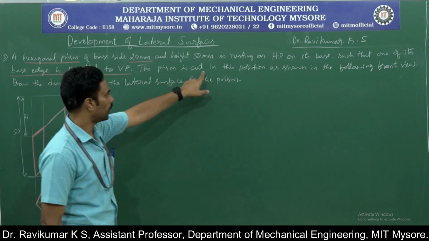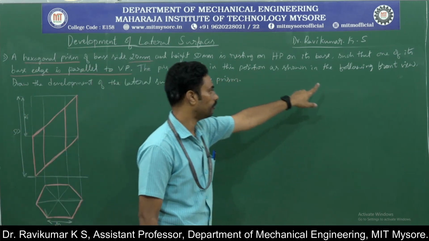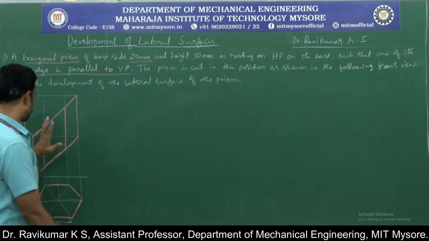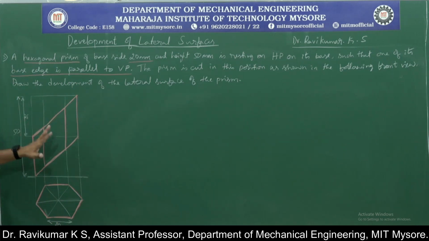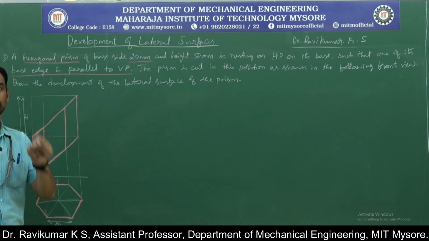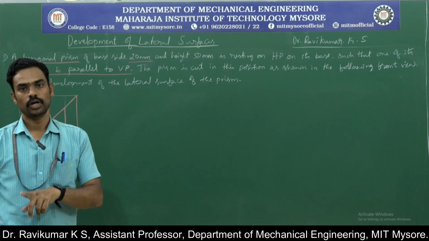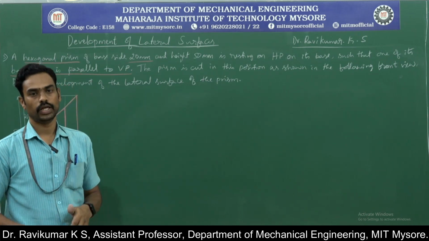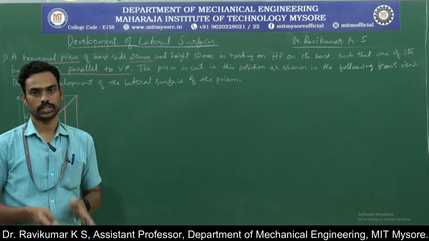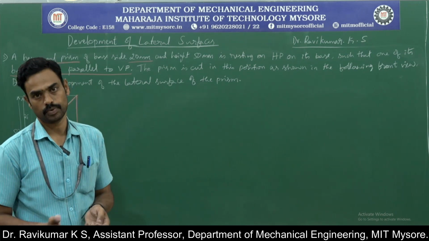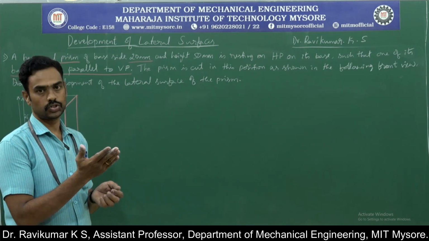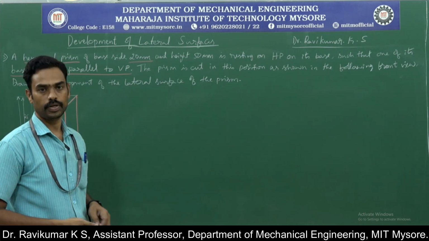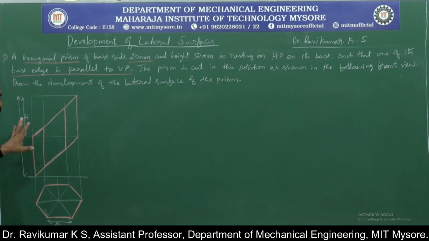Now the prism is cut in this position as shown in the following front view. This is the front view. So here, instead of giving the information about the section plane, as in the earlier session where we took the problem on the section plane, with the information that the section plane was 40 degrees to HP and perpendicular to VP, now the front view is already given, so this is how the front view looks.